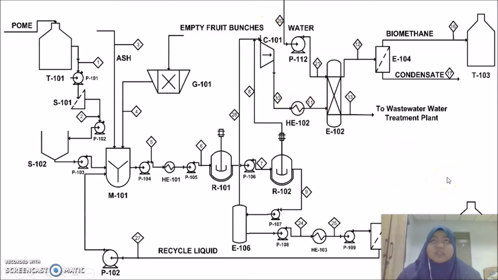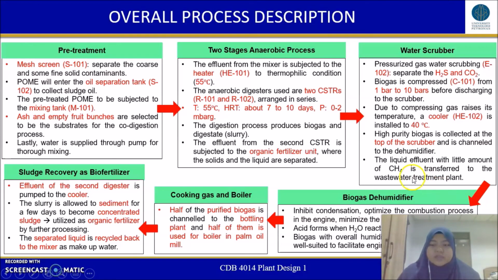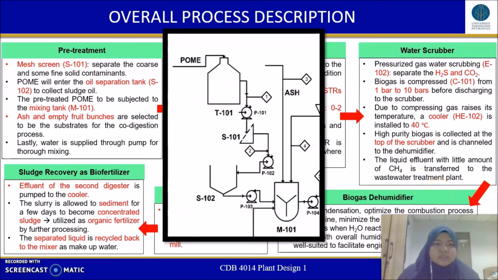This is the process flow diagram for our POM production, where we have biogas production from the POM. This is the description of the overall process. I will go one by one, firstly the pre-treatment. Pre-treatment is to treat the POM, where at first we have the mesh screen.